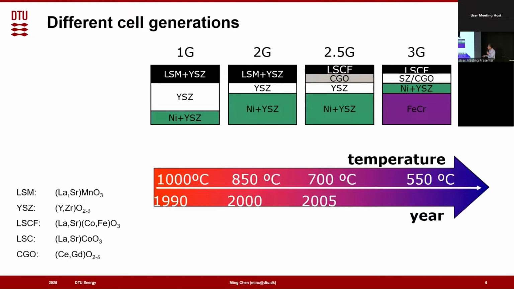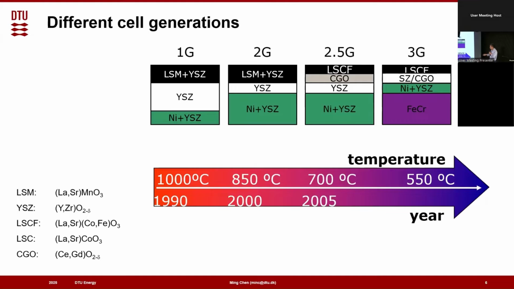Over the years, we have been developing the technology. We try to reduce the temperature from originally 1000 degrees C to the latest 550 degrees C, and also to improve the efficiency and the current. And we have used different electrode materials.